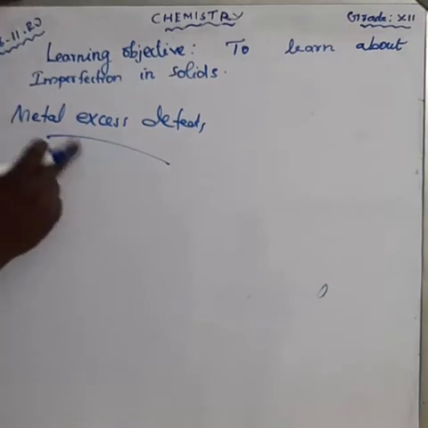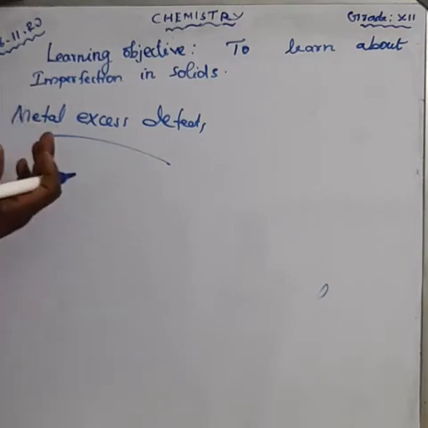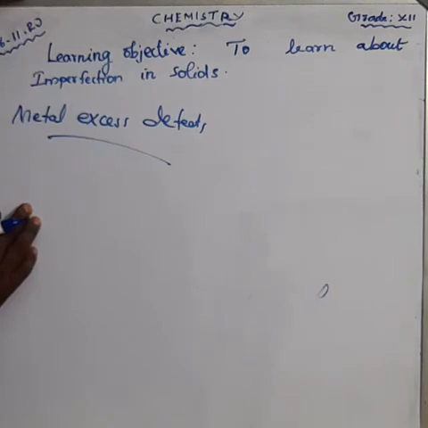Okay, metal excess defect arises due to the presence of a larger number of metal ions. Clear? It is not stoichiometric, it is a non-stoichiometric form.